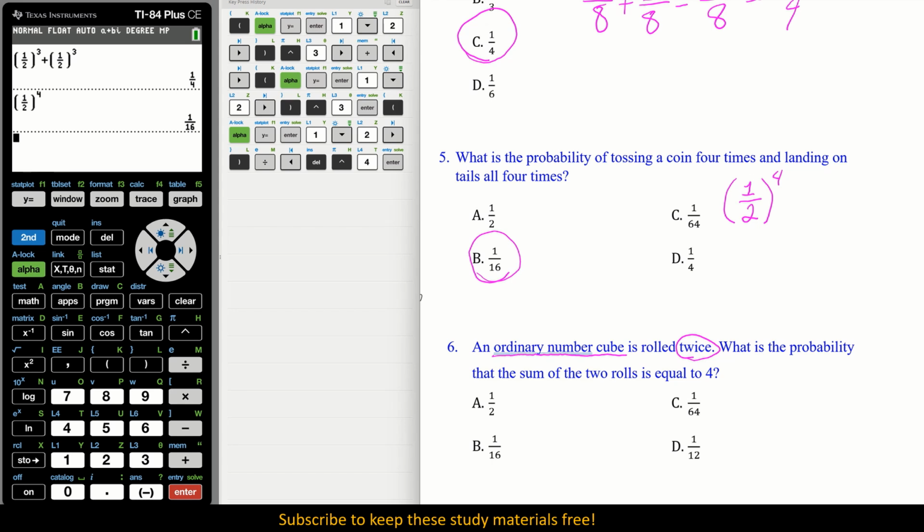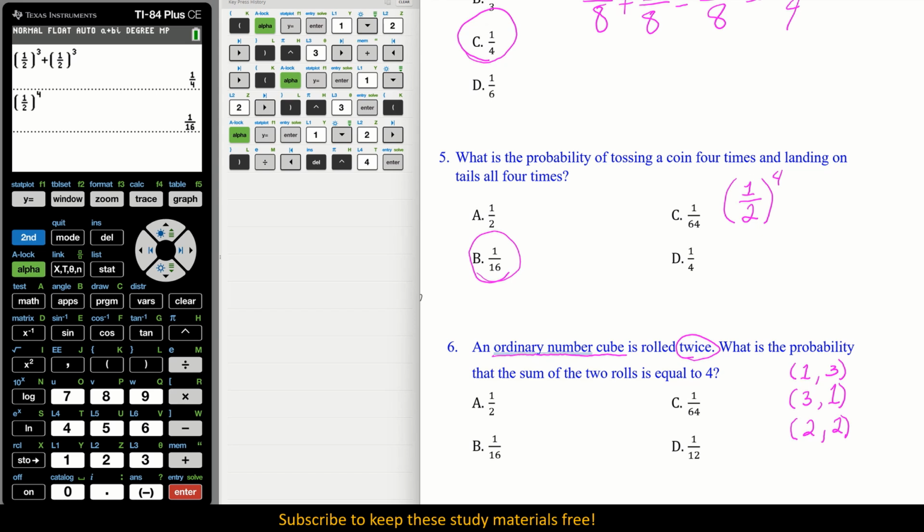When we roll it separately, it doesn't matter. We have numbers 1 through 6. But honestly, we could say 1 and 3, or we could say 3 and 1, and then the only other option we have is 2 and 2.